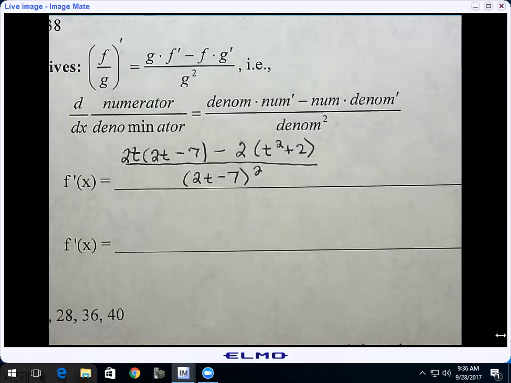If there was something I could factor out of the numerator, I would. But there's nothing I can factor out of the numerator, so what's my fallback method? Just distribute and combine like terms.